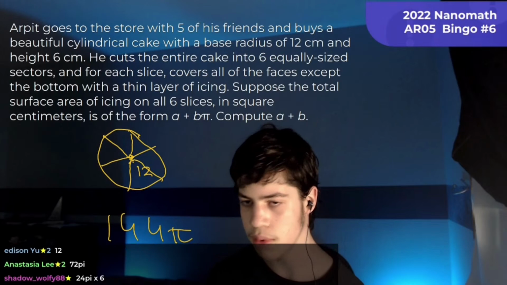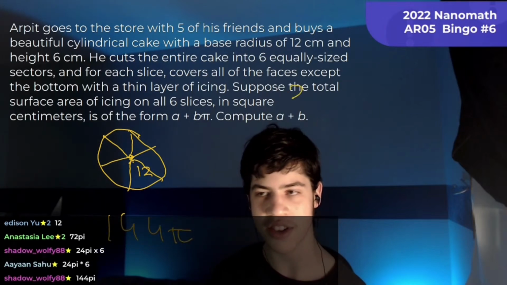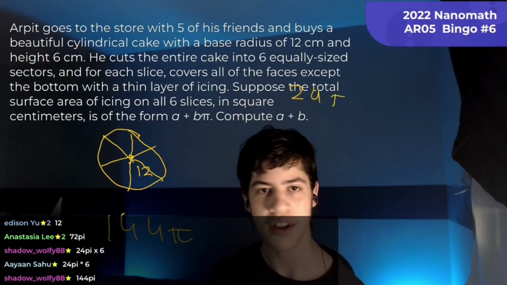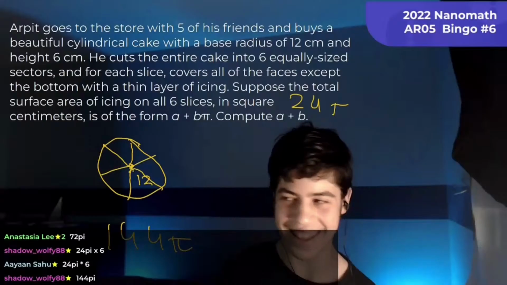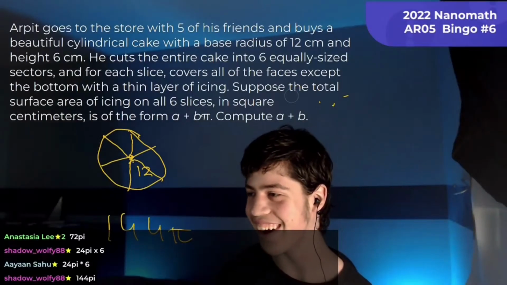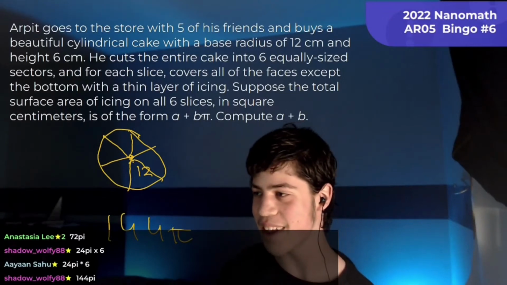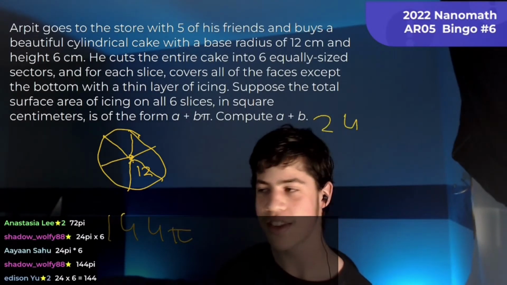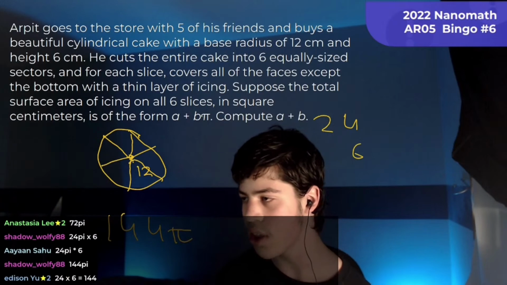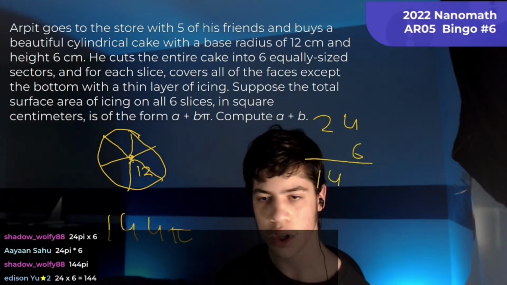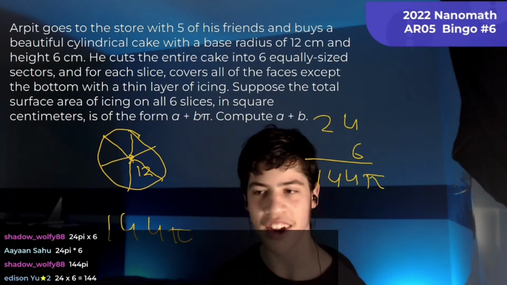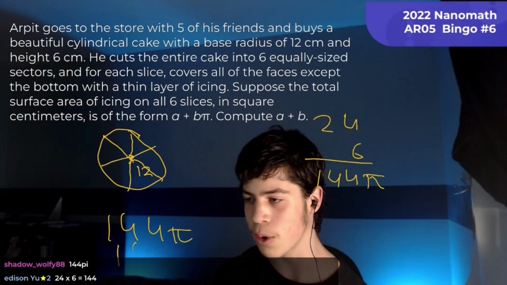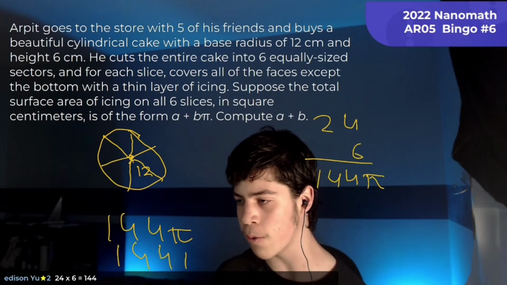Let's do this in my head. 24 times 6, which I think should be 144. Yes, thank you. I can multiply, I think. So 144 pi for the top face and 144 pi for the curved faces.